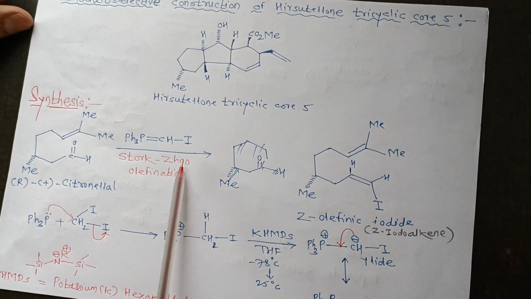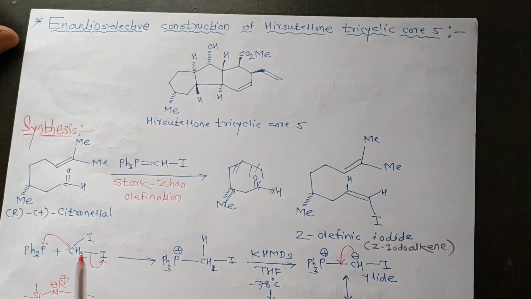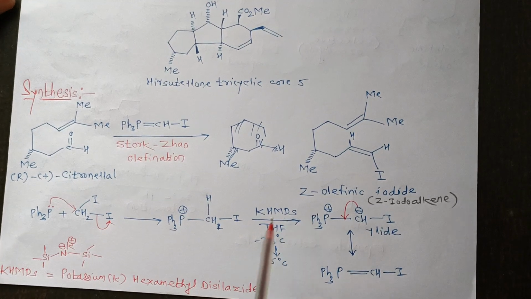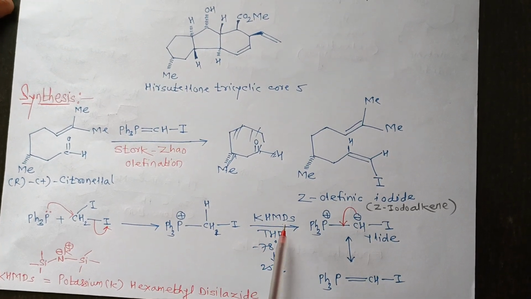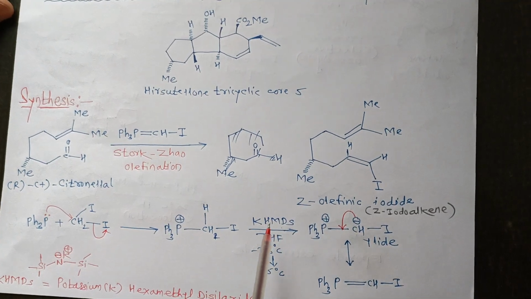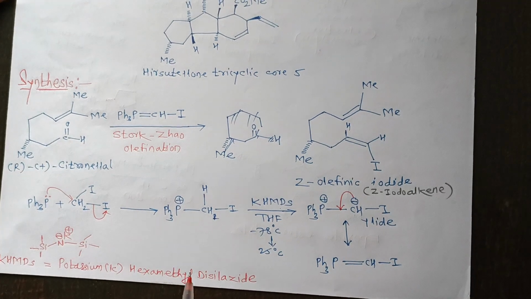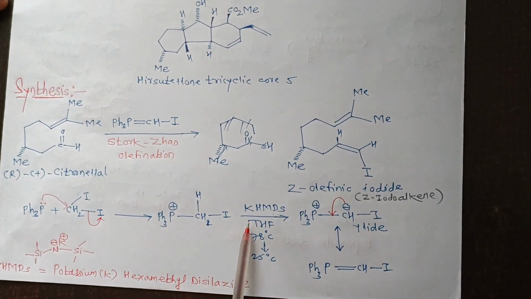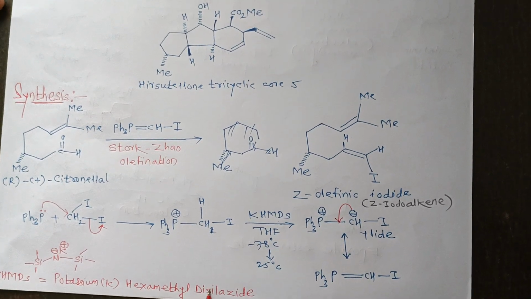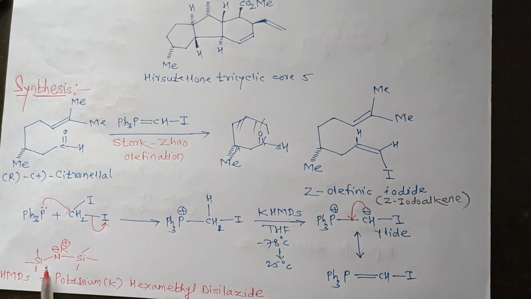So that phosphorane was generated by using triphenylphosphine, diiodomethane and KHMDS. This KHMDS is a sterically hindered strong non-nucleophilic base. Its full form is potassium hexamethyl disilazide. This is the structure of this particular base, that is KHMDS.